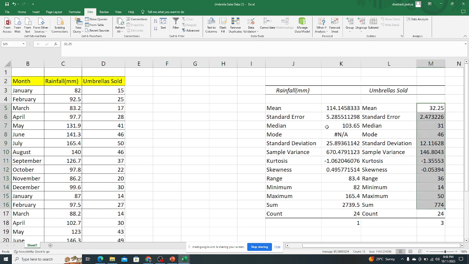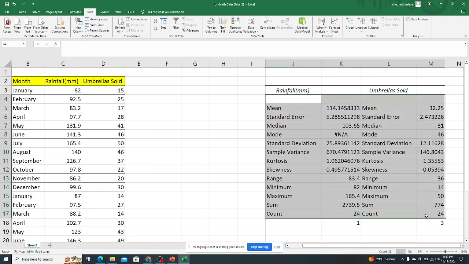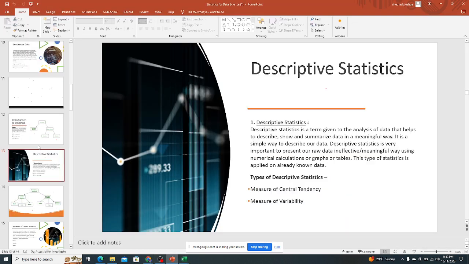So basically you can see I have descriptive statistics. And we've said descriptive statistics basically describes the data. Don't worry about that. So let's try and see what descriptive statistics is.